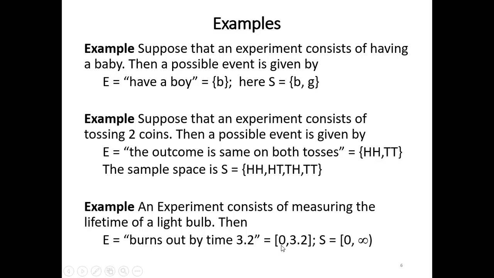Here we have a time 0 up to 3.2, and we could say the sample space goes from time 0, and there's no upper bound, so we simply write positive infinity. You might notice here that we have continuous data, whereas in the first two, we could say that this is discrete data.